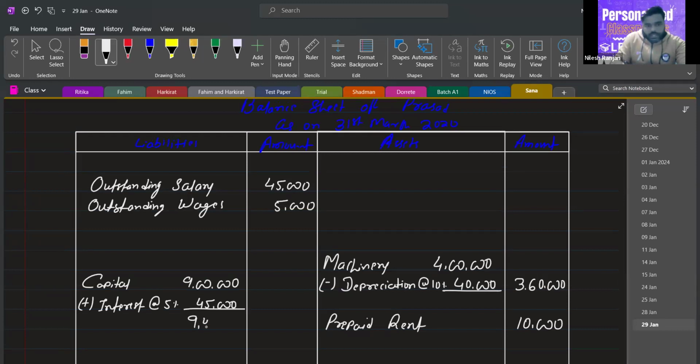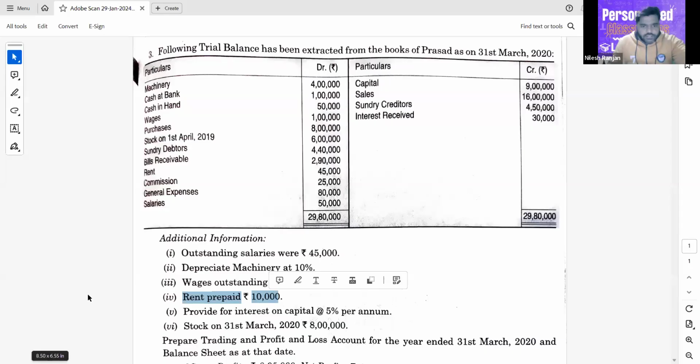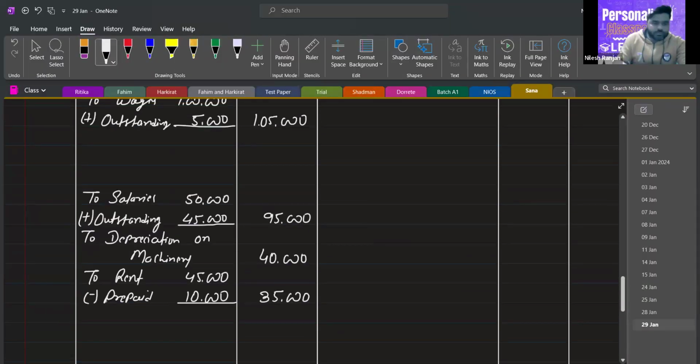It will be 9,45,000, and this 45,000 will go to the profit and loss debit side, interest on capital 45,000.